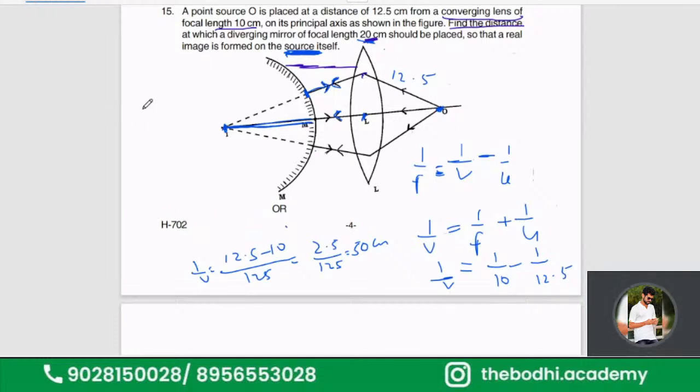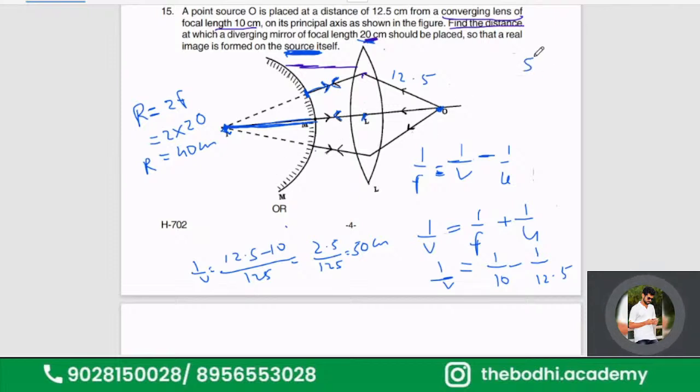Now, let's see. The basic formula of radius of curvature of a mirror is 2 times f. We don't know the radius of curvature, but we do know the focal length of the mirror: 20 centimeters. If 20 is the focal length, then the radius of curvature is 40 centimeters. Agree? And where is my image?